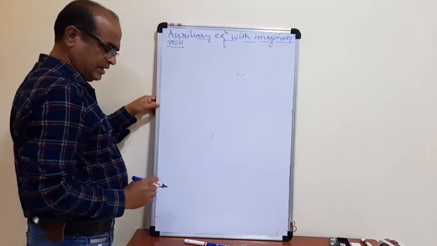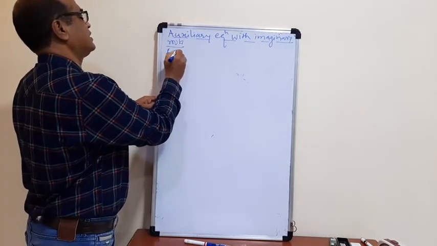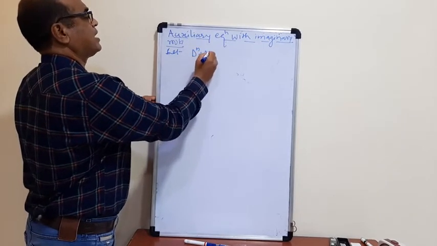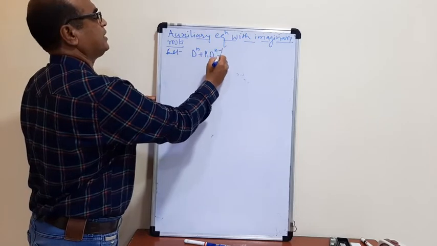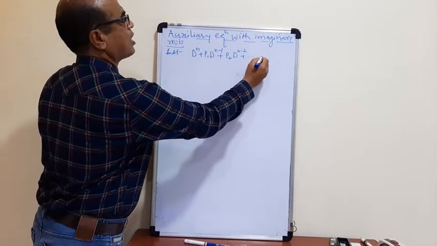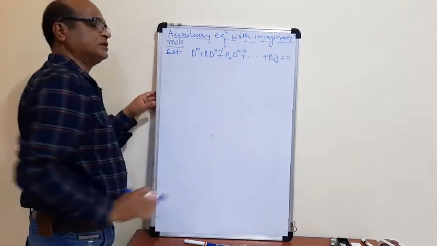So what is the auxiliary equation? Let us consider the auxiliary equation d raised to n plus p1 d raised to n minus 1 plus p2 d raised to n minus 2 and so on, plus pn is equal to 0. So this is the auxiliary equation.